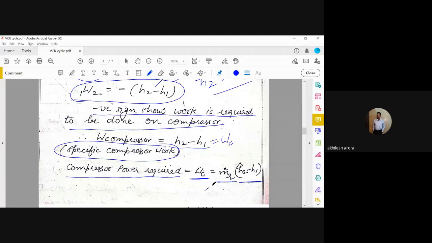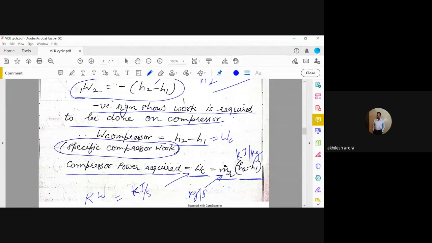If the mass flow rate is in kg per second and H2 minus H1 is in kilojoules per kg, the unit of WC dot will come out to be kilojoules per second, which is equal to kilowatt. So we will get the compressor power in kilowatts.